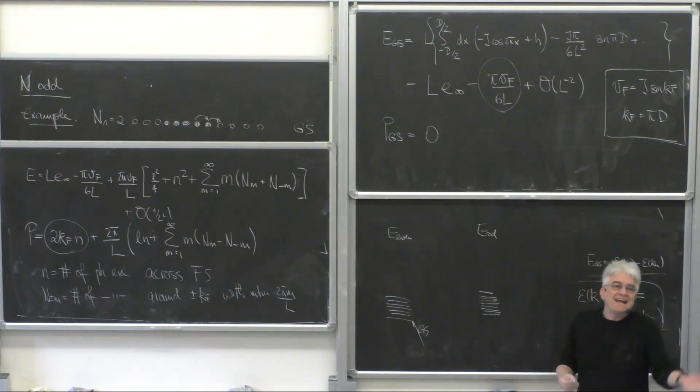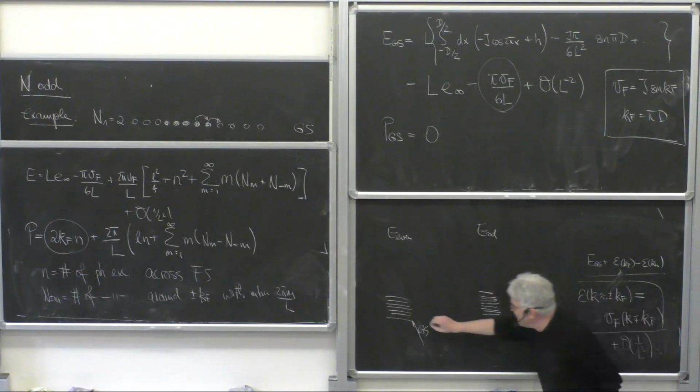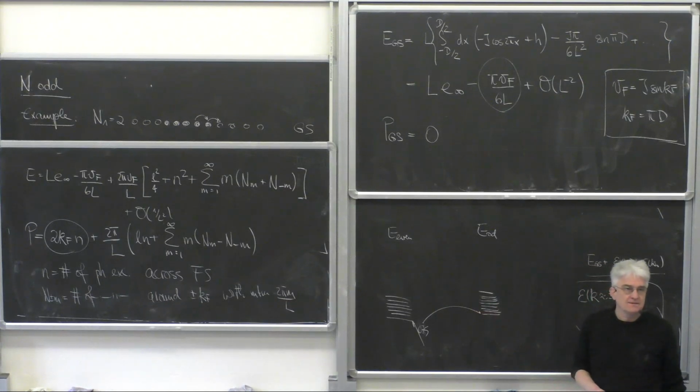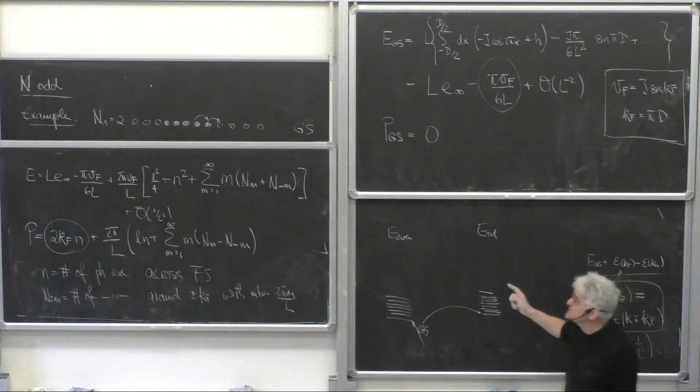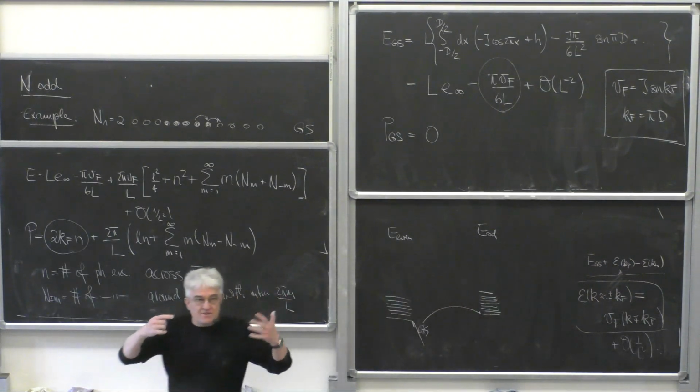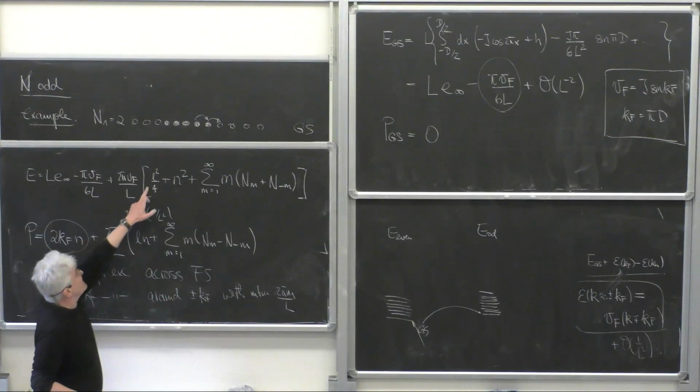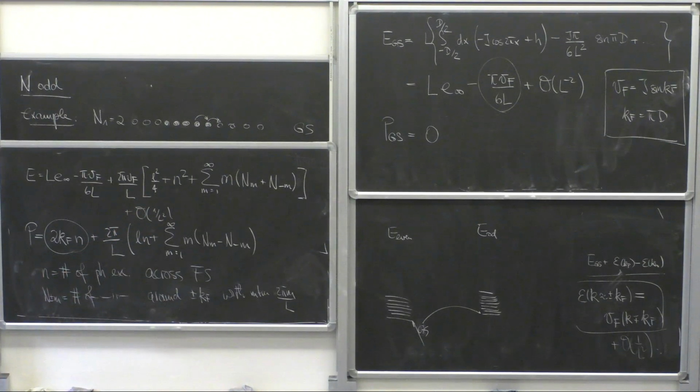Or I can add 1 fermion, but then I have to go over here. Yeah? And this I can precisely do, it turns out after the dust settles, by simply taking L to be an odd integer. Yeah? So this is how it combines.